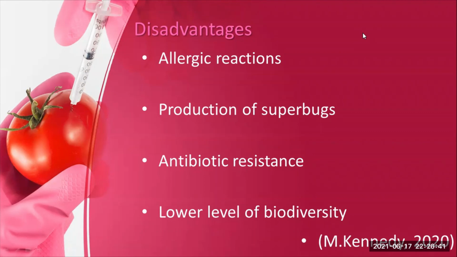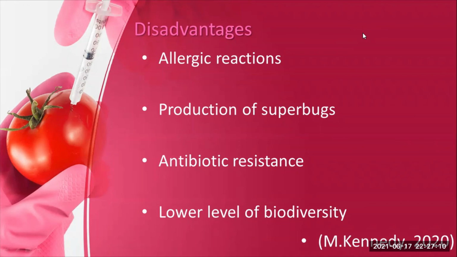For these plants to be genetically modified and have bacterial toxins introduced into their genes, they are given some amount of antibiotic resistance. This resistance can then be passed on to us, and we ourselves can become resistant to various antibiotics, making our immune system weak or vulnerable to various illnesses.